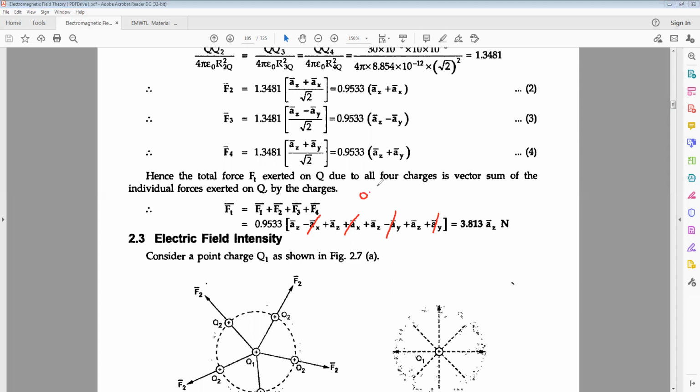So 0.9533 into 3 AZ bar. Then we get 3.813 AZ bar. Got it, my students? It is very important. And next example.